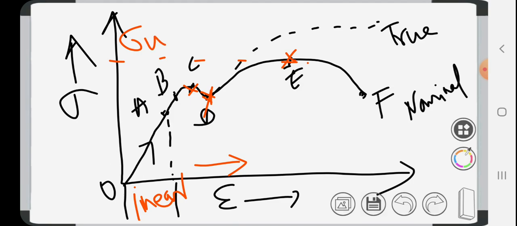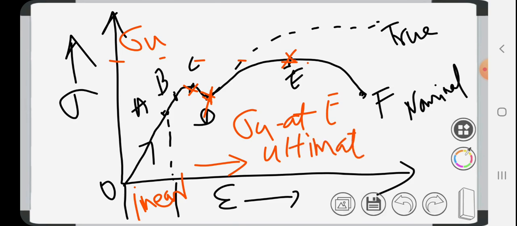The stress at maximum load is nothing but the ultimate strength, sigma u, at E. So point E is the point at which maximum load is possible, the maximum load that the specimen can withstand without failure.